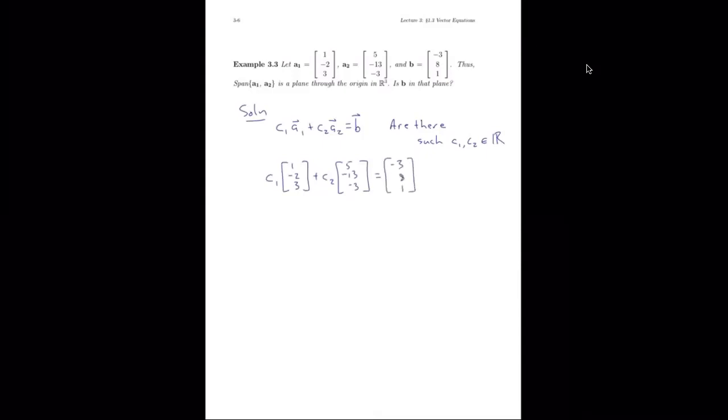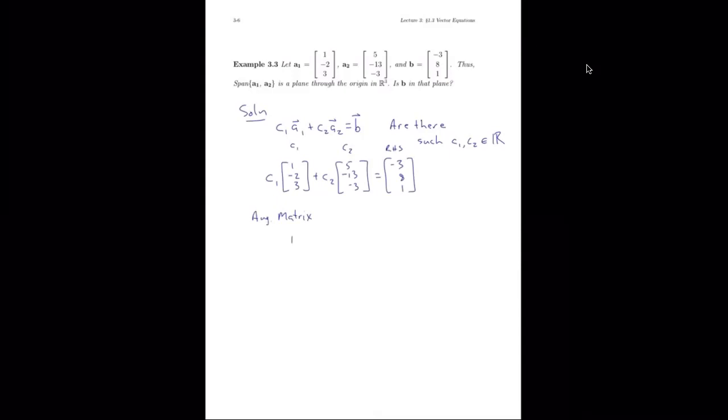Well, we've already talked about this. This is more or less like saying this is the C1 column of coefficients, the C2 column of coefficients, and this is the right-hand side. So rather than convert this to a linear system of equations like we did in the previous example, I'm going to go straight to an augmented matrix and solve it the way we could have solved the other one, and just show the connection between columns of our matrices and linear systems, as well as the connection to these vector equations.